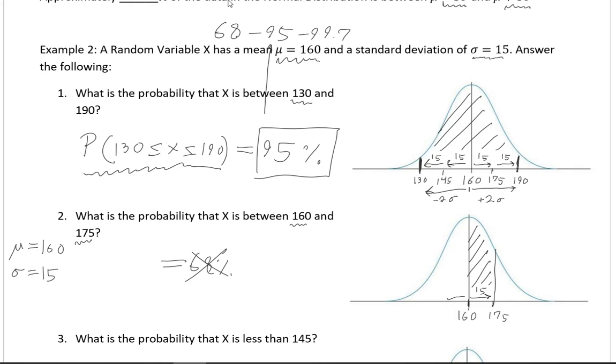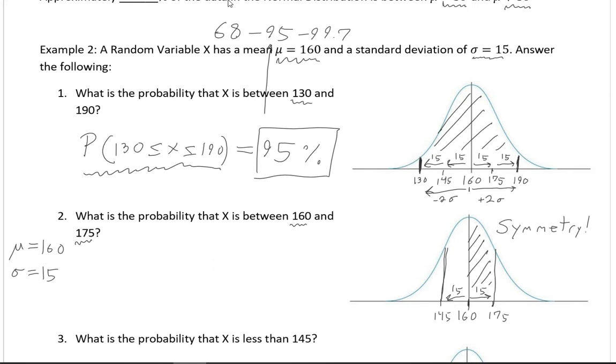So if I were to go down another 15, down to 145, as we also indicated in the previous example, from 145 to 175 is 68%. And what we want is to find just this region, from 160 to 175. The savvy among you may have figured out what we're going to do, and what we're going to do is apply the fact that this is a symmetric graph.